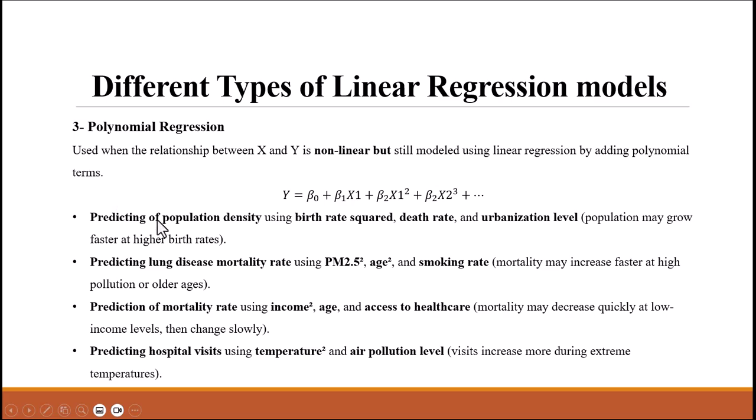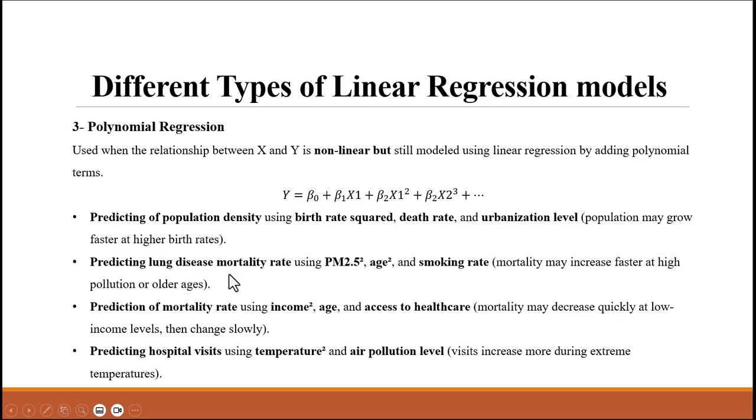For example, prediction of population density using birth rate squared, death rate, and urbanization level. The population can grow faster at higher birth rates, so we put a power on the birth rate as an independent variable.